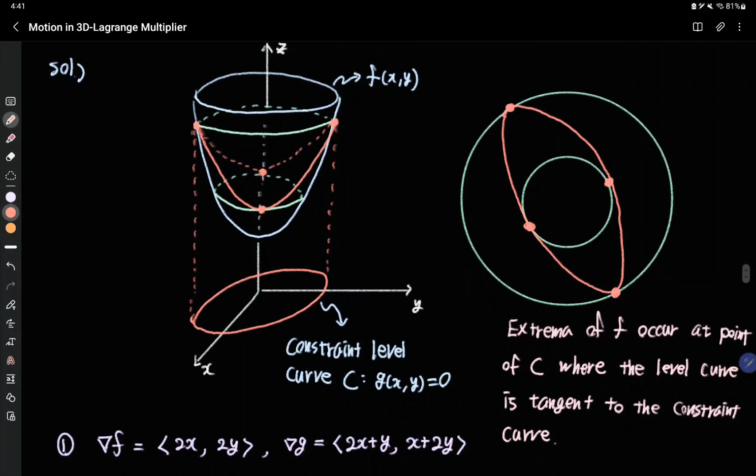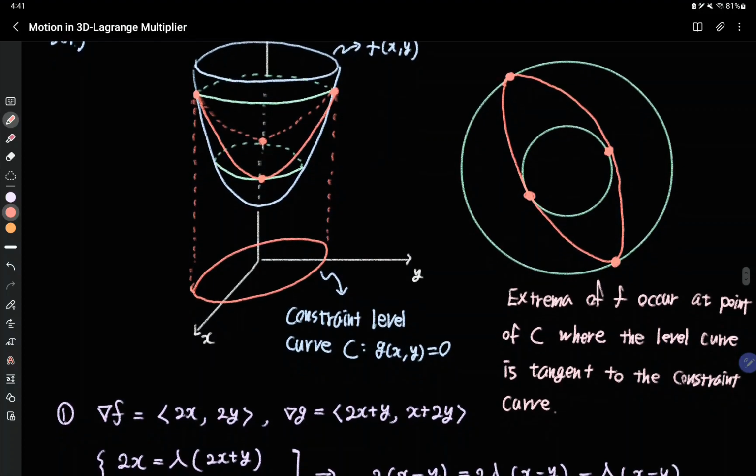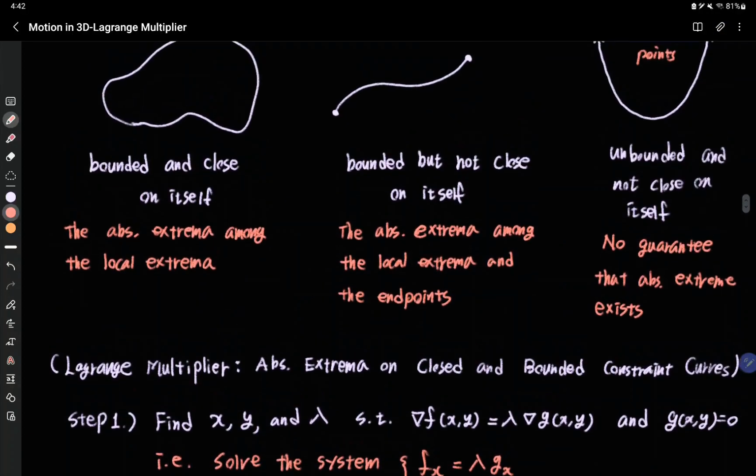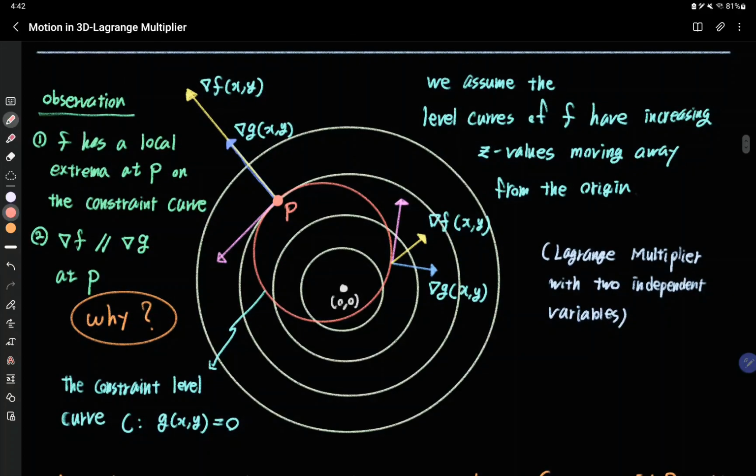Does it make sense, right? That's why I told you that if the level curve touches the constraint curve C, that point is where f has extrema. What makes the point P special is that it's not only on the constraint curve but also on the level curve of f.